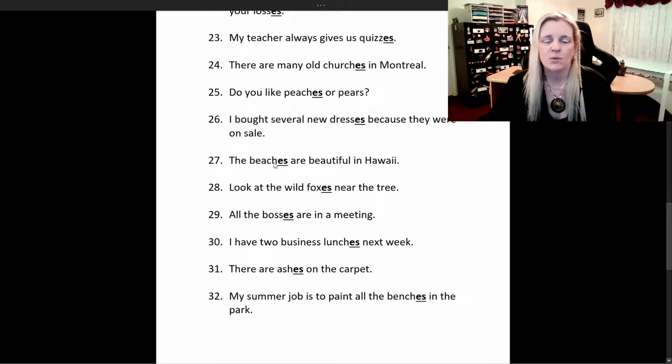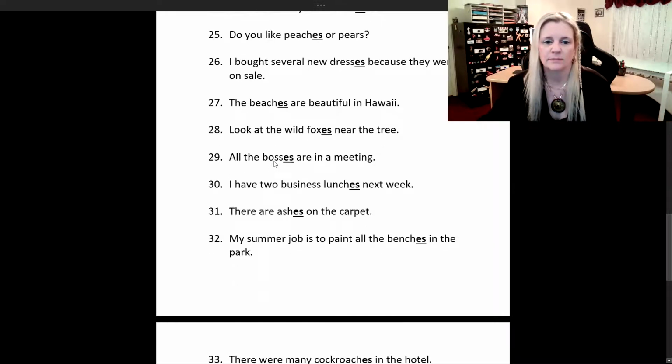Look at the wild foxes near the tree. All the bosses are in a meeting. I have 2 business lunches next week. There are ashes on the carpet.